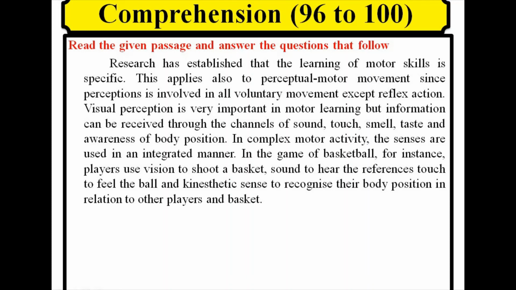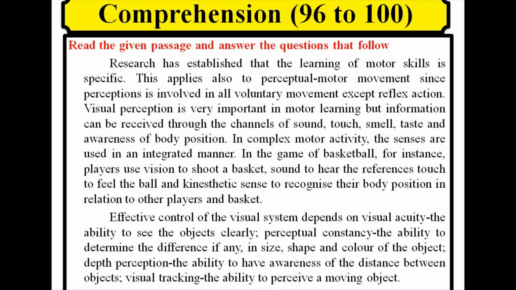In the game of basketball, for instance, players use vision to shoot a basket, sound to hear the referees, touch to feel the ball, and kinesthetic sense to recognize their body position in relation to other players and basket. Effective control of the visual system depends on visual acuity, the ability to see the objects clearly, perceptual constancy, the ability to determine the difference, if any, in size, shape and color of the object, depth perception, the ability to have awareness of the distance between objects, visual tracking, the ability to perceive a moving object.